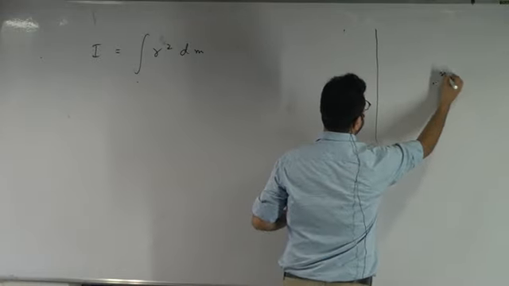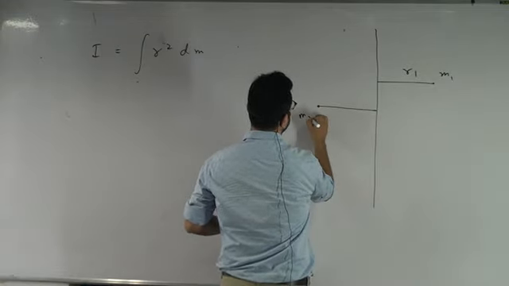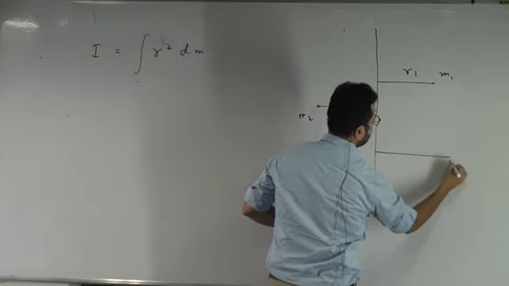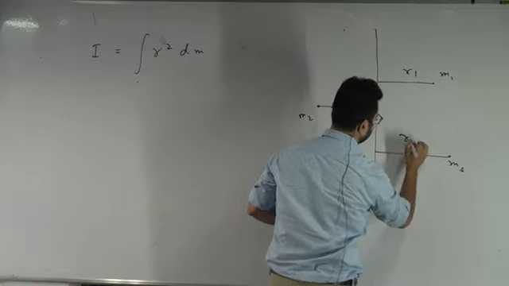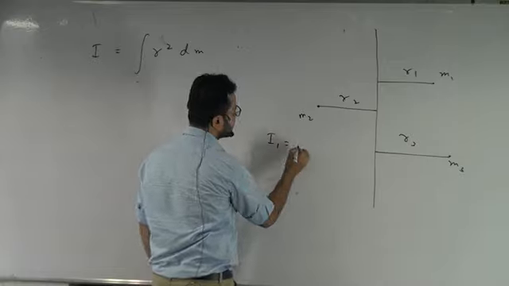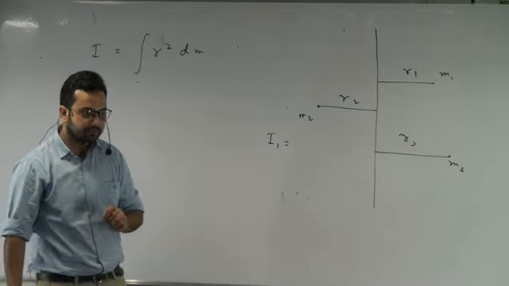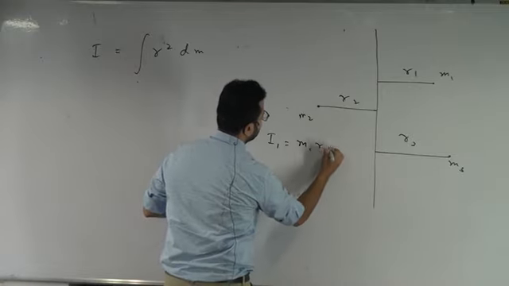Or what we can do is, we talked about m1 r1, m2 r2, m3 r3, and so on. What is the moment of inertia of particle 1? If I only ask about the moment of inertia of particle 1, what will that be? m1 r1 square. Very good.